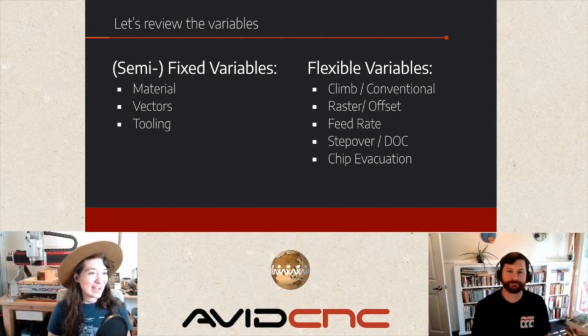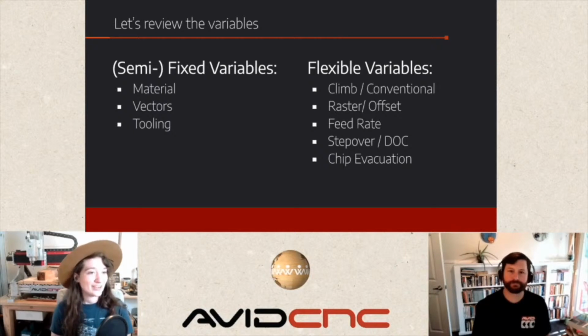So if you happen to see the plywood and plastics, these variables are kind of the same knobs that you might reach for to turn and adjust as you're trying to get a really good cut quality, a finish, and efficient as well. So we have to consider our semi-fixed variables.